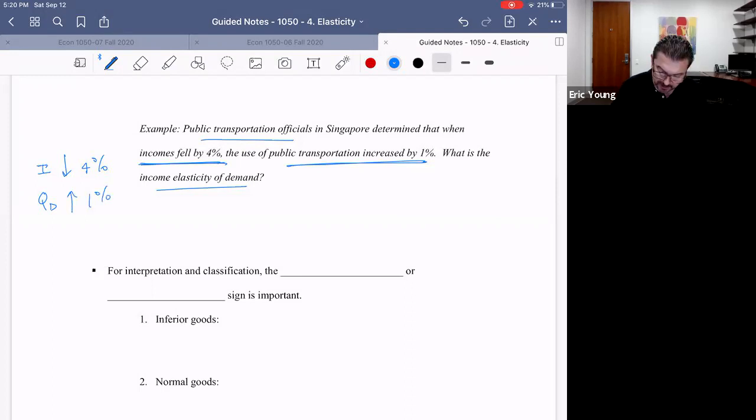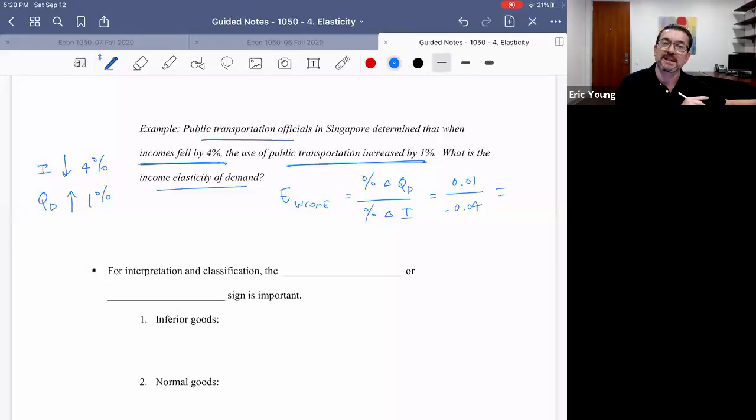We know that our formula is the elasticity coefficient, the percentage change in quantity demanded divided by the percentage change of income. That's going to be equal to 0.01 divided by negative 0.04. It's important here that we keep that negative sign in. Before, with price elasticity of demand, we just kind of got rid of it.